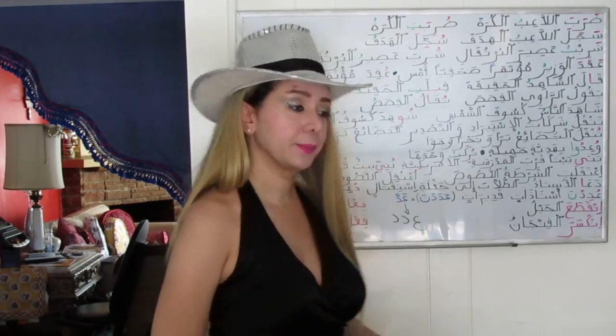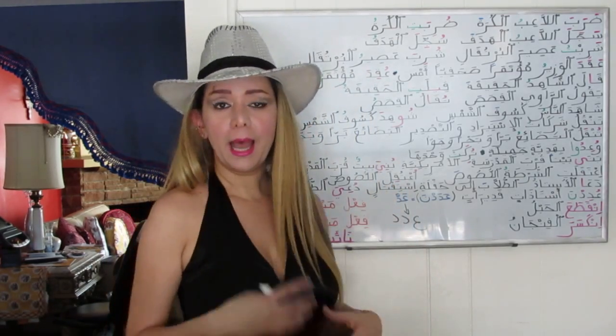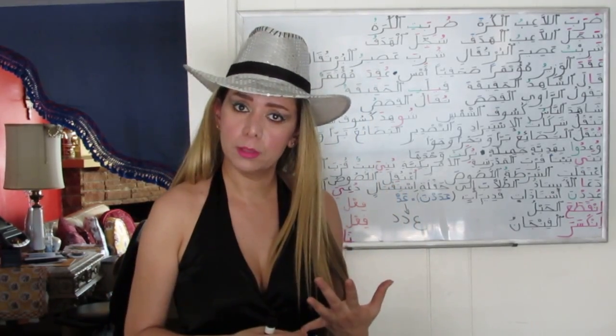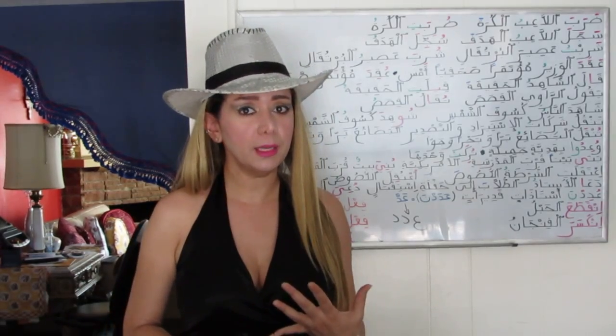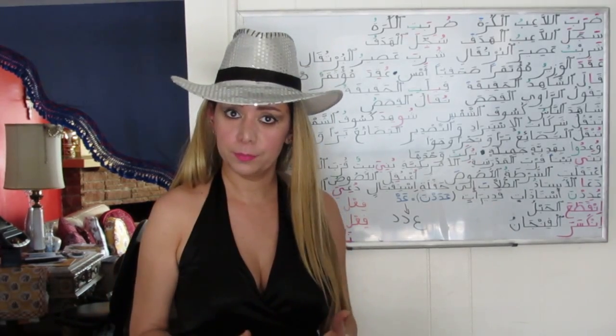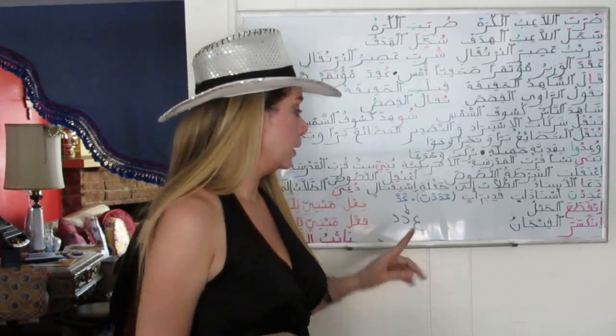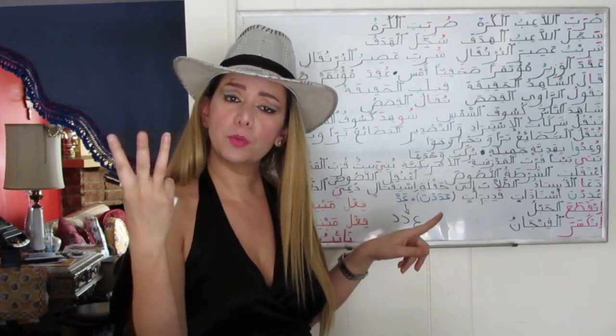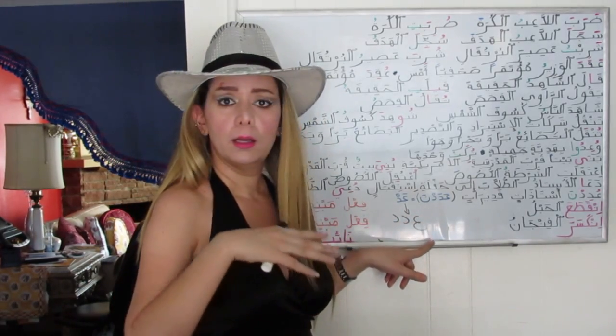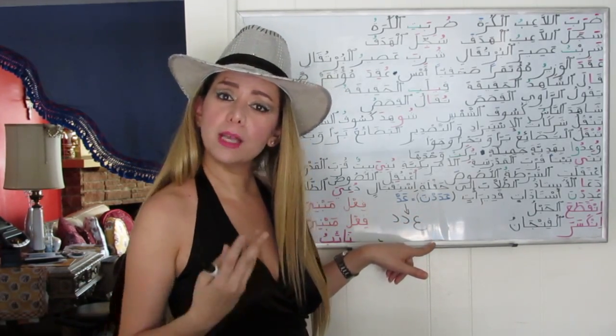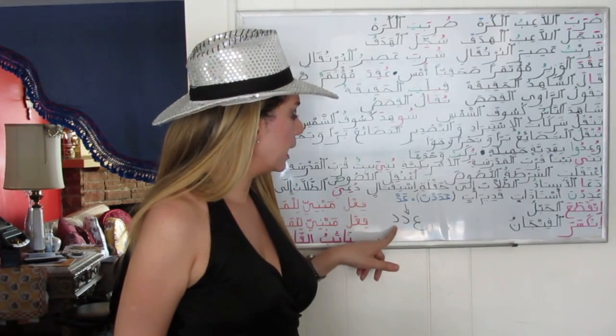Buniya. How do we convert an active geminate verb to the passive? Let's check. عد. عد, to count. It has also another meaning, to consider, depending on the context. So عد has three radicals like any other form one sound verb: عين, دال, دال.